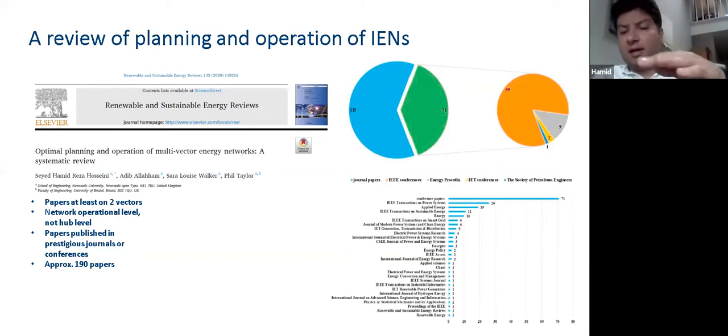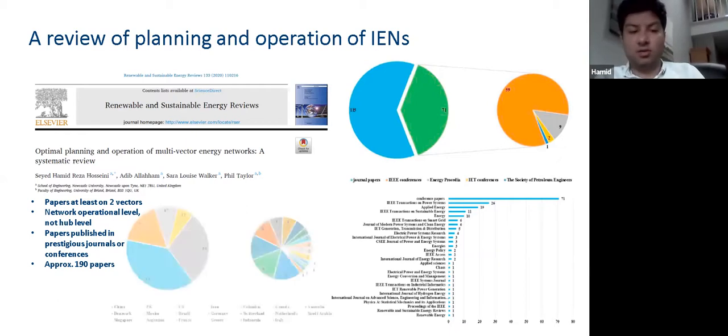This graph shows the breakdown of these journal papers, where you can see the majority are coming from IEEE Transactions on Power Systems, Applied Energy, IEEE Transactions on Sustainable Energy, and IEEE Transactions on Smart Grid. Basically, it's all prestigious papers and journals.